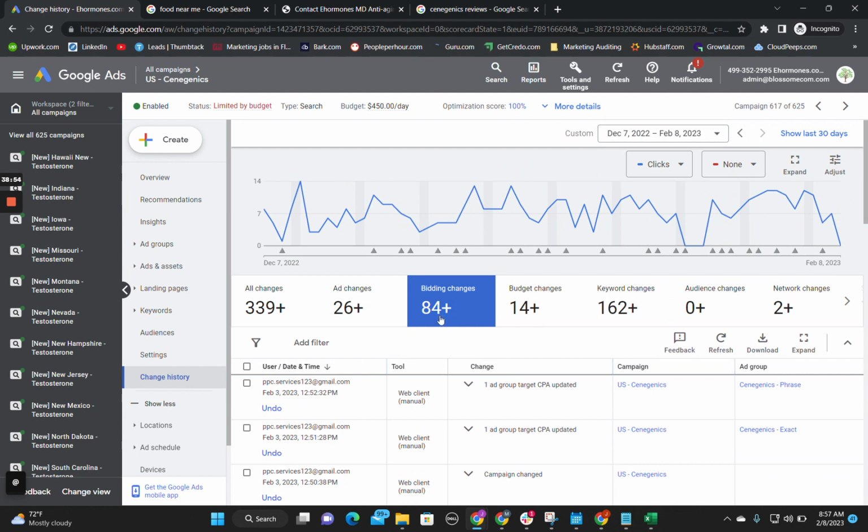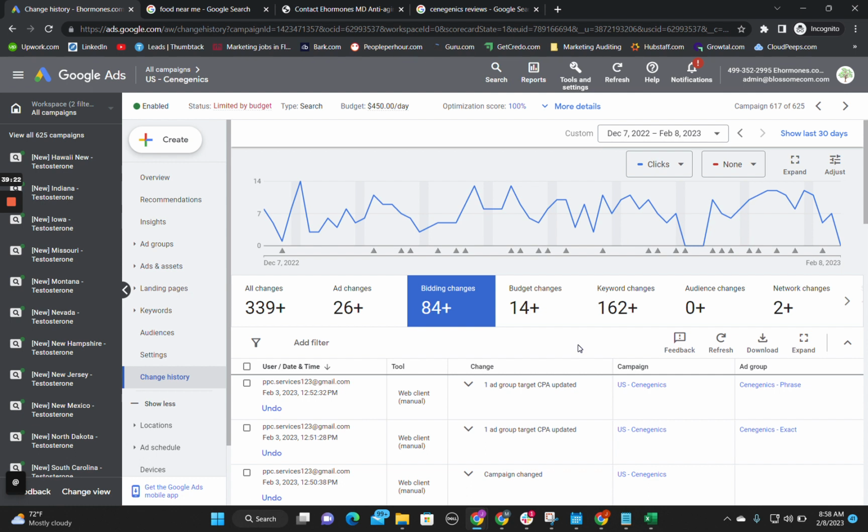Whenever someone creates a major bidding change, it can sometimes reset the AI. So sometimes people can make adjustments on an account way too much, and thus it resets the AI. And what does resetting the AI mean? It means that, say if you were going to launch a brand new campaign and you're starting off from zero, usually the campaign would have a 2-week learning phase to just get itself up and running, and then it would take another 2 weeks to get your first conversion.